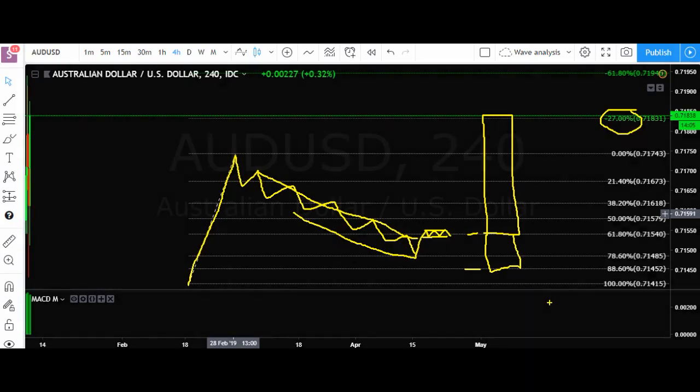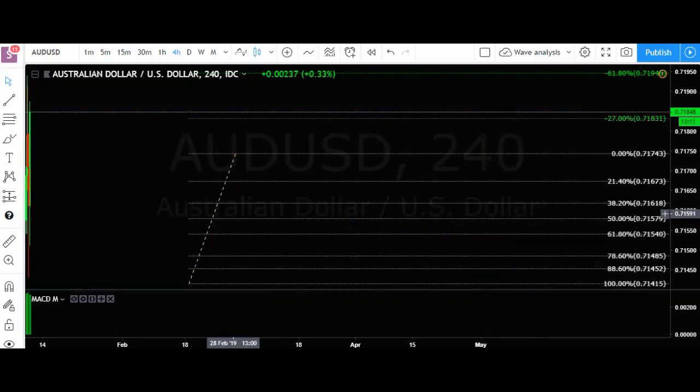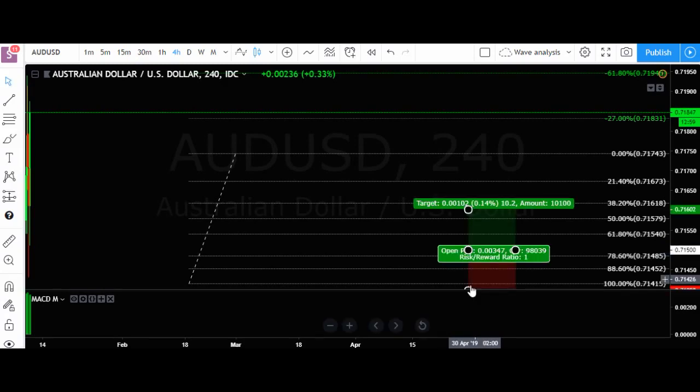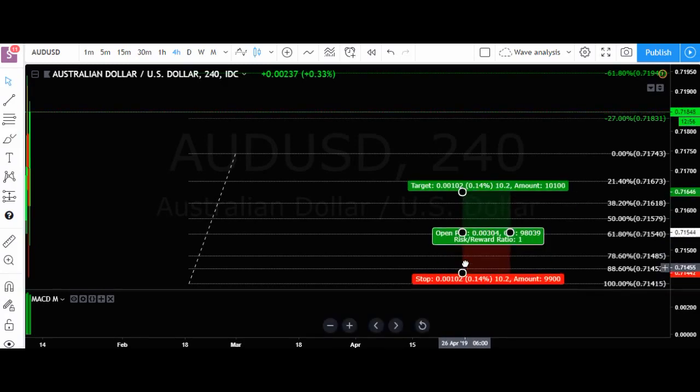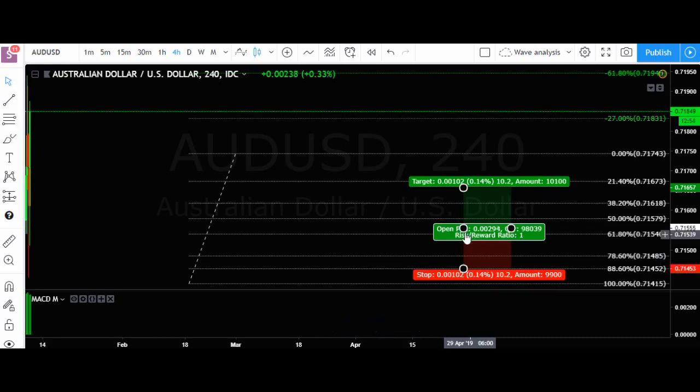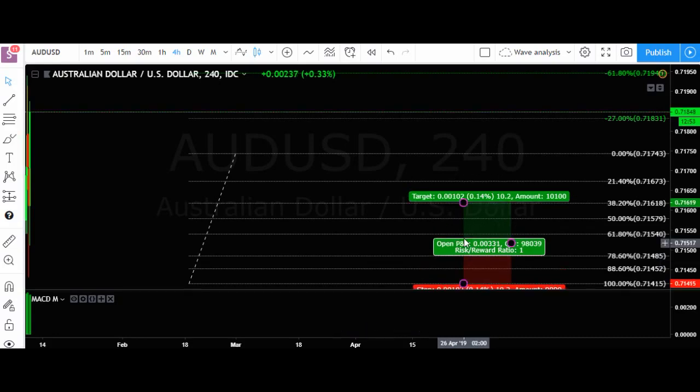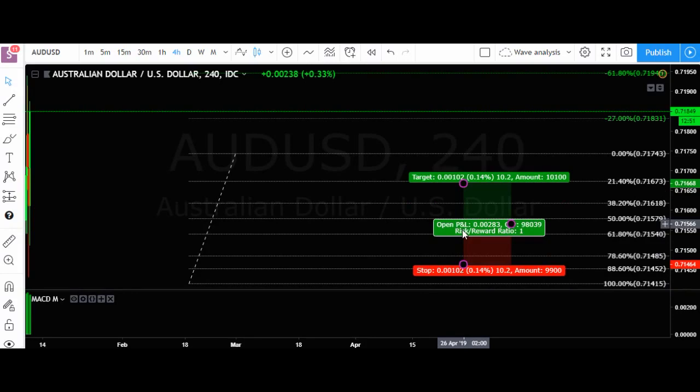If I can just show you, let's take this risk to reward tool that I've got over here. We took it there, and our stop loss was on the 88%. Let me just get that properly.